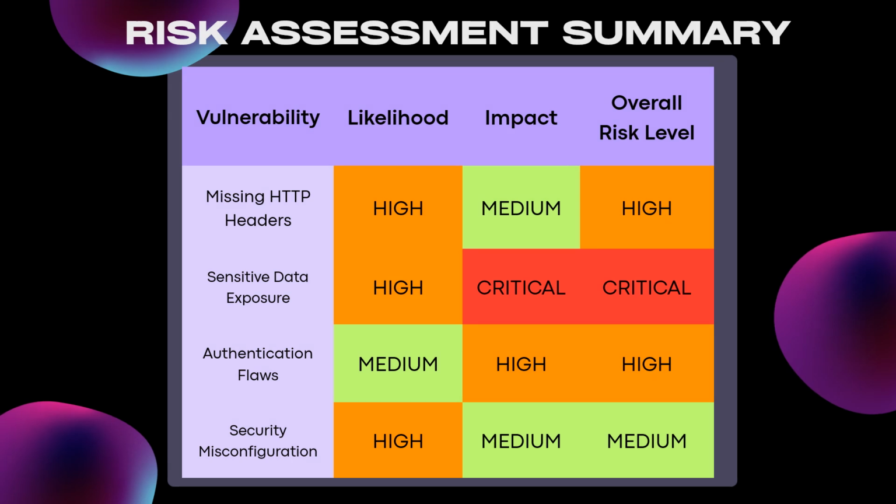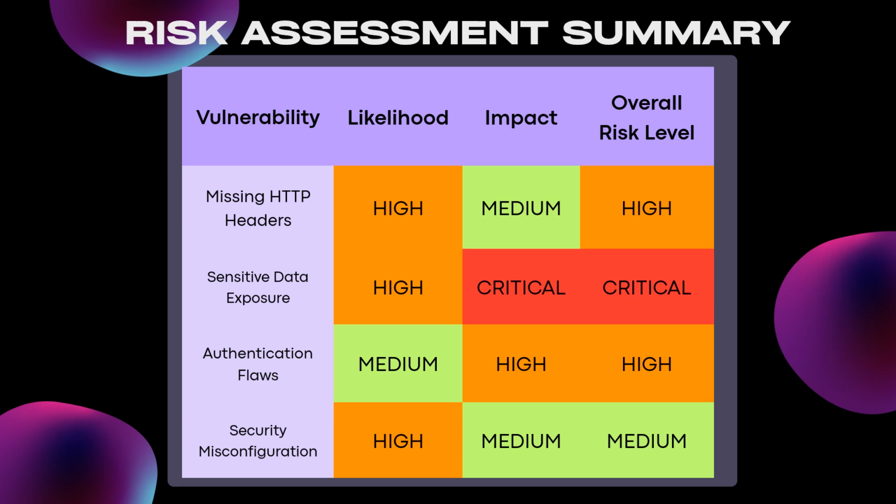So based on the likelihood and impacts of all these vulnerabilities, this is the summary. So with missing HTTP headers, I gave it a high likelihood with a medium impact. So the overall risk level, I gave it a high.